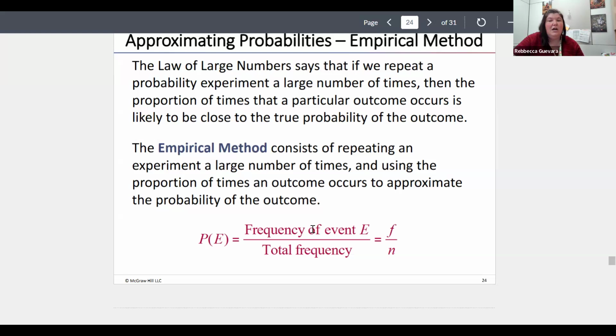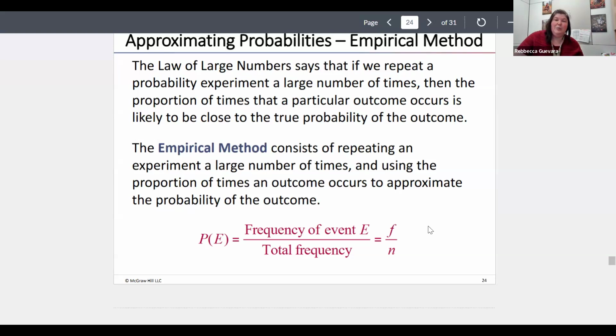Doesn't mean it always does. And using the proportion of times an outcome occurs to approximate the probability of the outcome. So the more times I repeat this experiment, the empirical probability should be closer and closer to the true probability. All it is going to be is the frequency of the event and the total number of occurrences.